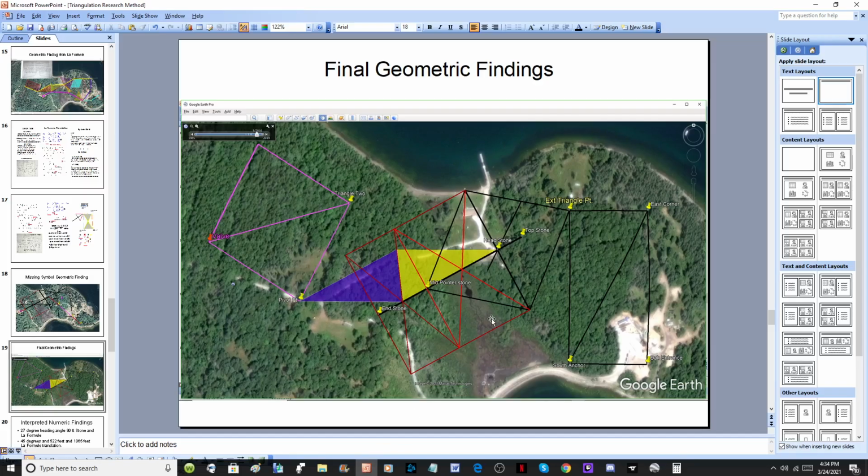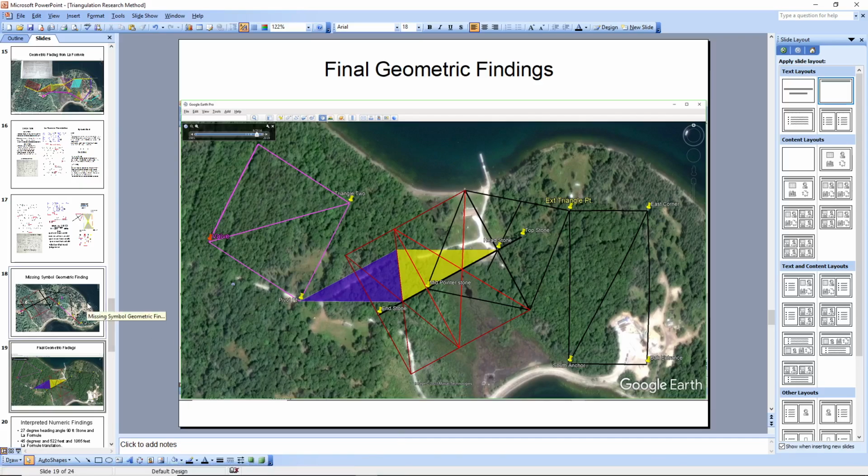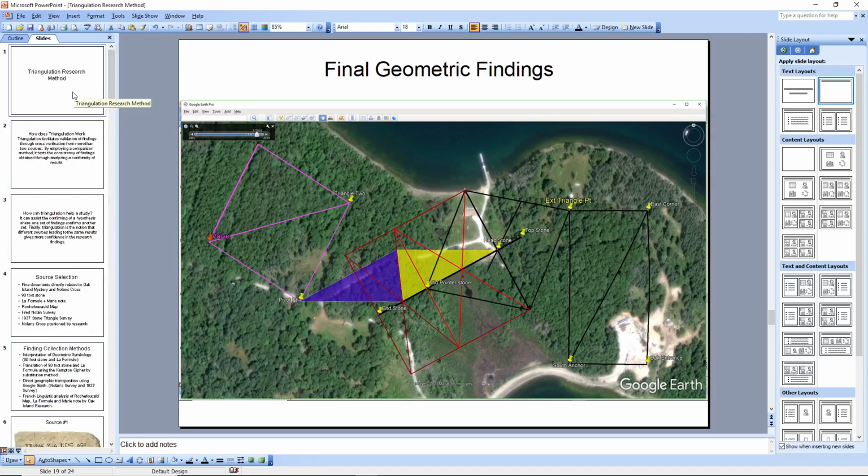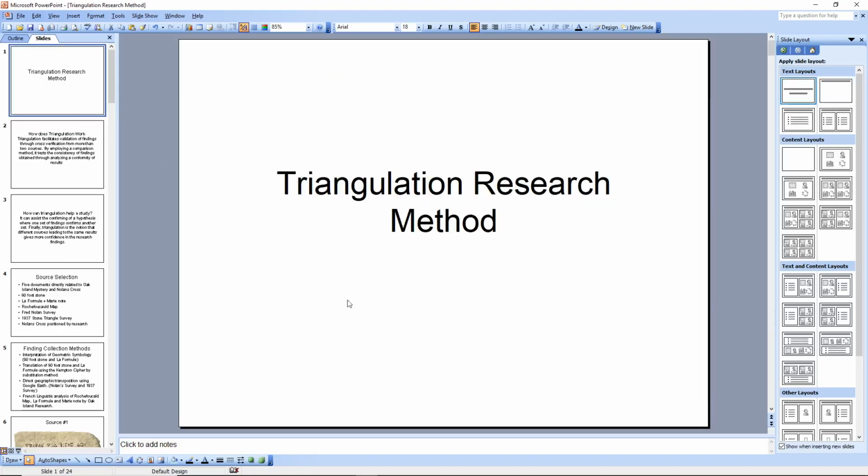Anyway, this is what I'm working on, guys. I'll give you a little bit of preview here. This is the method if you want to do a little homework. It's a method, triangulation. It's not triangulation of survey, which I find very ironic.